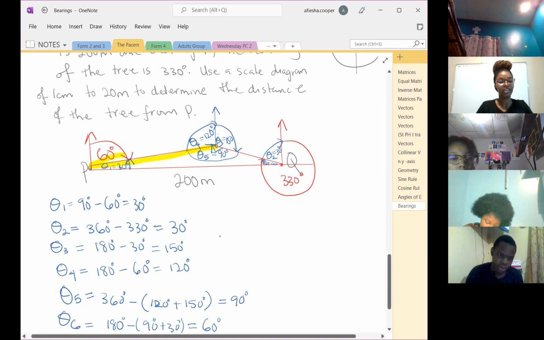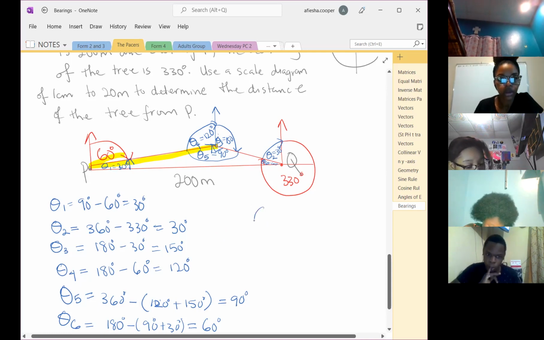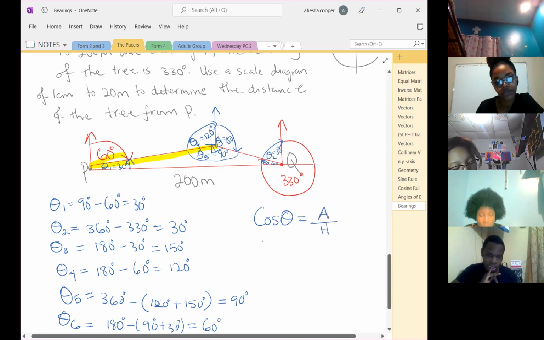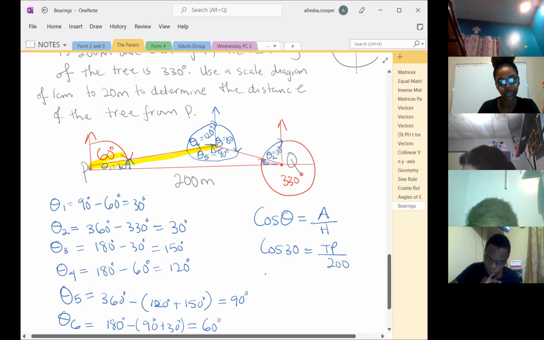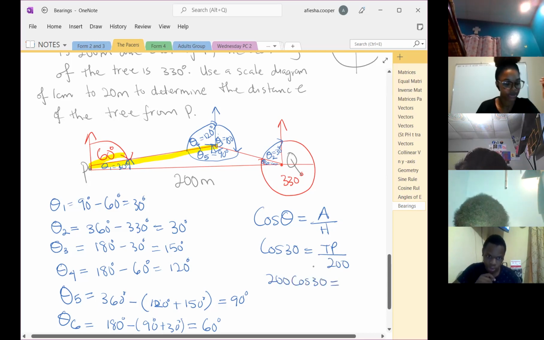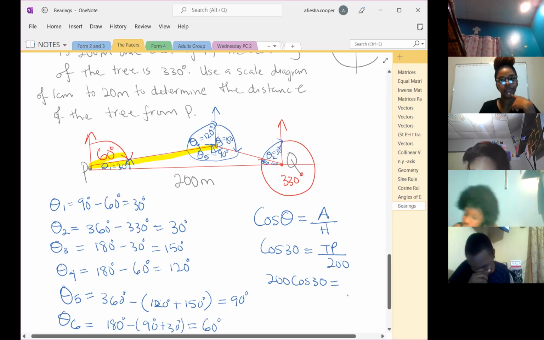So what's adjacent and hypotenuse? Which string? Cos. Right. So cos 30 is equal to adjacent, which is TP, over 200. So that will be 200 cos 30, which is how much?